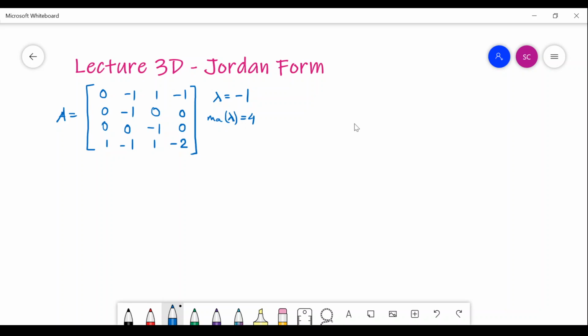So what we need to find is A minus lambda I, which is A plus I in this case, and this gives us this particular matrix.